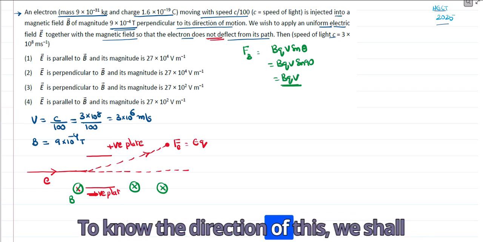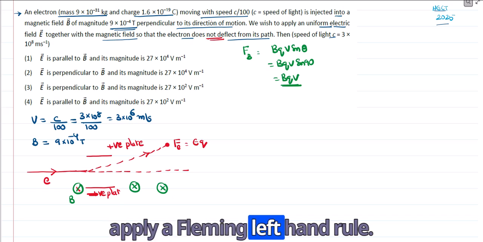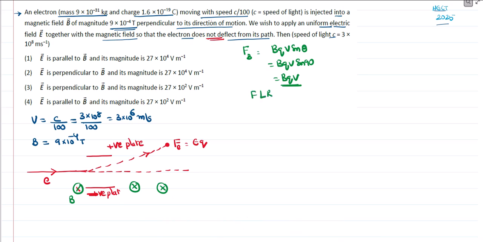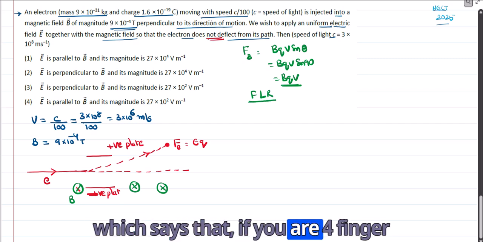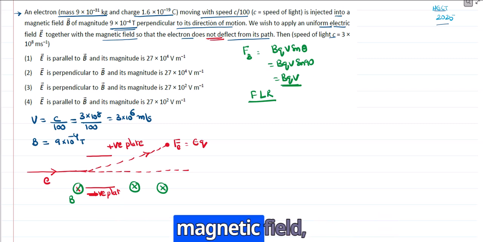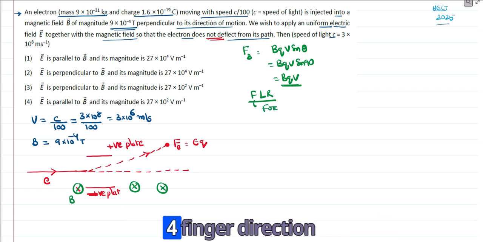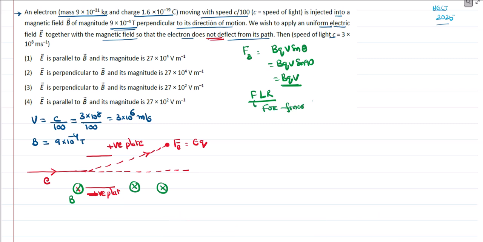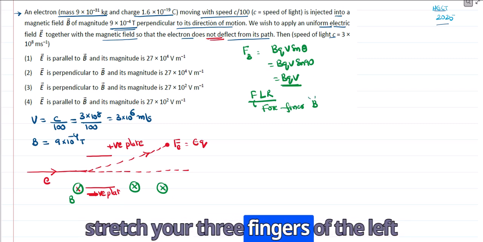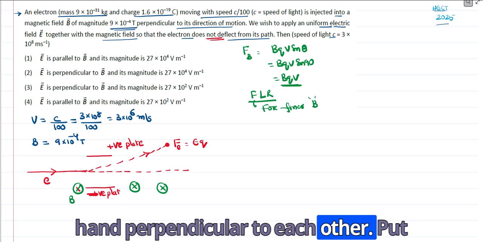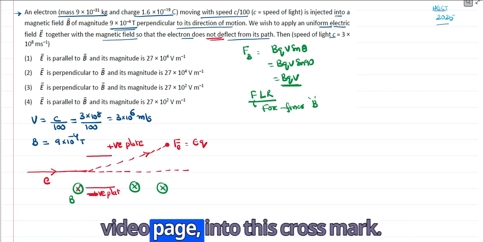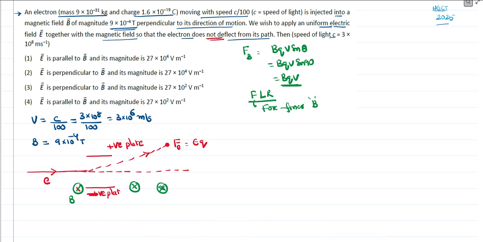To know the direction of this, we shall apply Fleming's left hand rule, which says that your forefinger indicates the direction of the magnetic field. Stretch three fingers of the left hand perpendicular to each other. Put your forefinger into the page, into this cross mark.